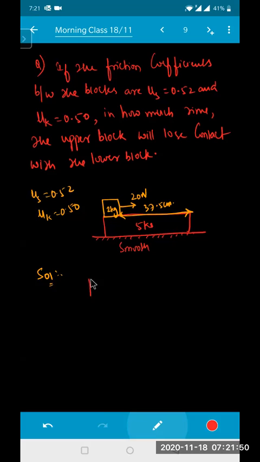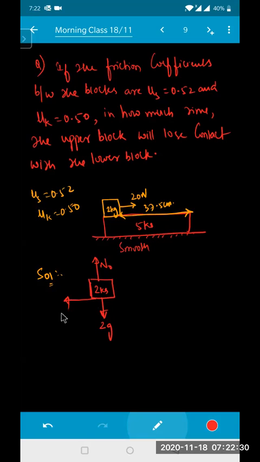So let me take an FBD of your 2 kg block. On the 2 kg block, the weight is 2 into g. The normal reaction acting on this is N naught. When you apply the force on this one, there is obviously a friction force acting.